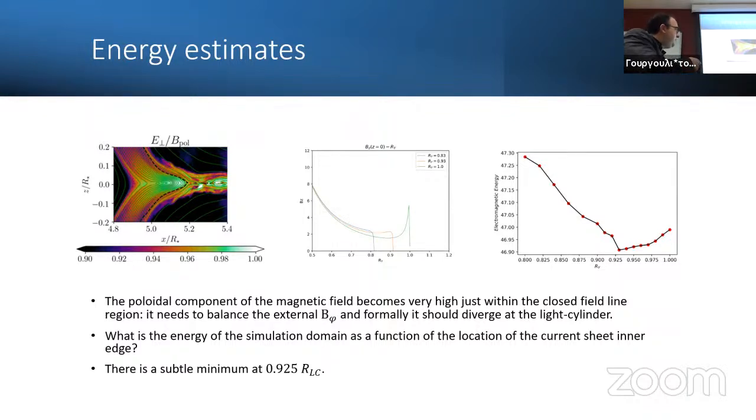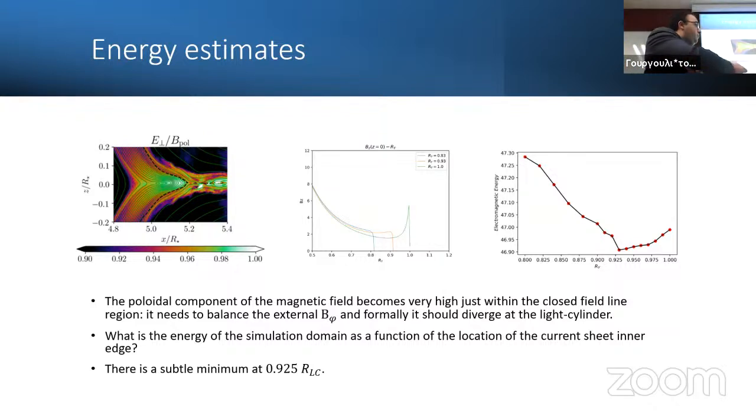Now, this is perfectly consistent with the particle-in-cell simulation, though our method is less computationally intensive. And then at the same time, we tried to estimate if there is an energy minimum in this region.